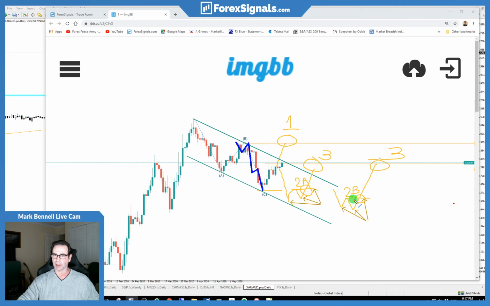So 2B would be a break through this anchor. So if we had this setup here, is that not equivalent to some sort of accumulation? So entry through there, break of the anchor.